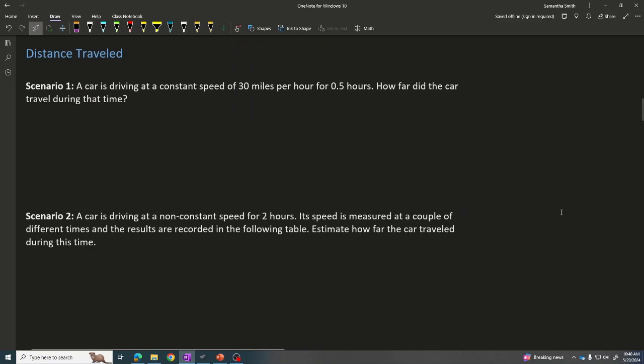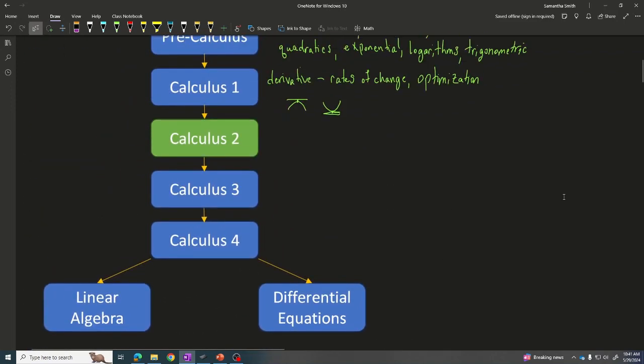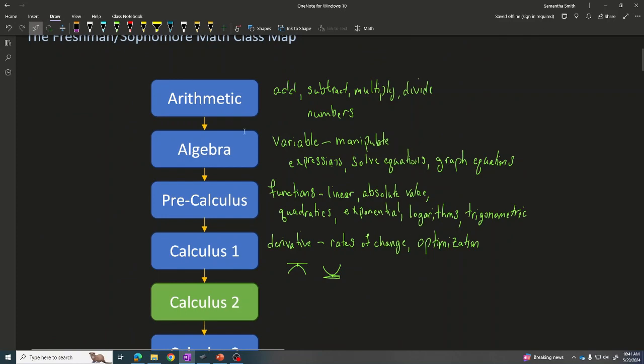To that end, let's dive into this scenario of distance traveled by a moving object. We'll start off with a really simple, basic scenario that you might have encountered in your previous math classes, for example arithmetic or algebra.